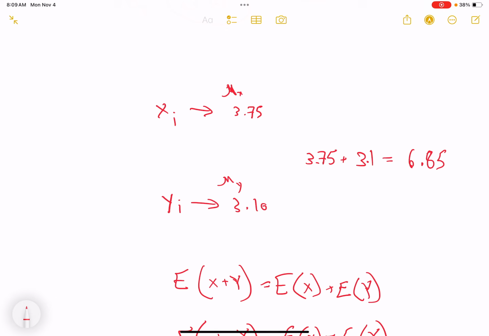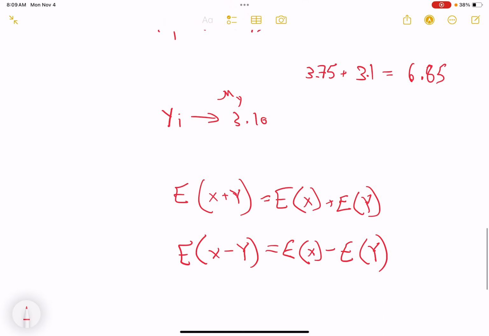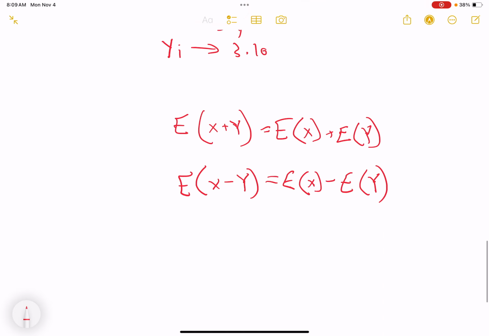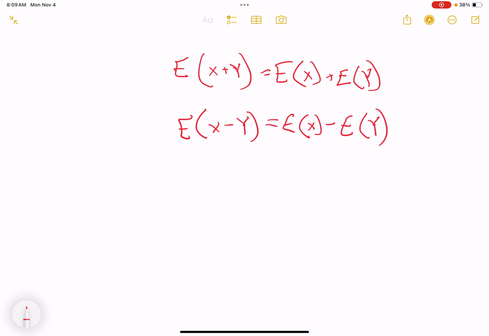So those are our rules for means. Now, the key here is if we subtract two random variables, we are also subtracting their random values. We are also subtracting, so to speak, their expected values, which we know to be the mean of each probability distribution, effectively.